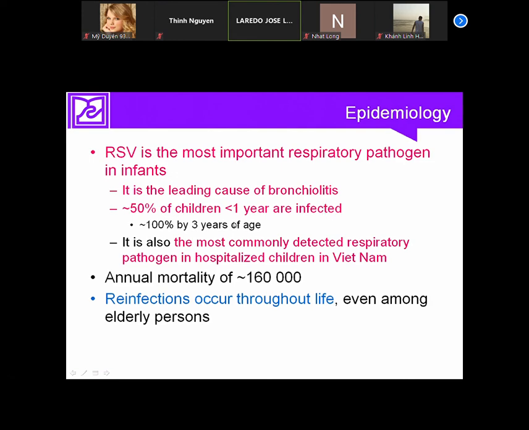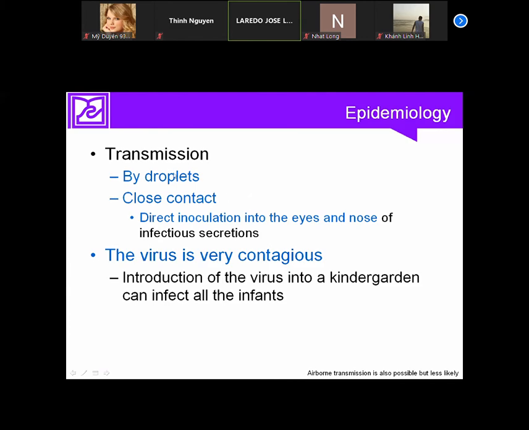By 3 years of age, almost 100% have been infected. The most common respiratory pathogen in infants. Also in Vietnam, respiratory syncytial virus is the most commonly detected respiratory pathogen in children in hospitals.